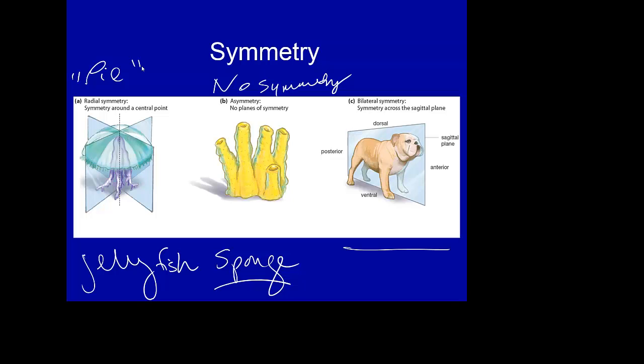So it's like cutting a pie. Think about the first cut in a pie when you cut it in half. It doesn't matter where you start, right? As long as you cut it in half, and then we cut it in half again usually and cut it into individual sections like they've started to do here with our jellyfish. But the idea is there's some central point to this organism around which we build the rest of the organism.